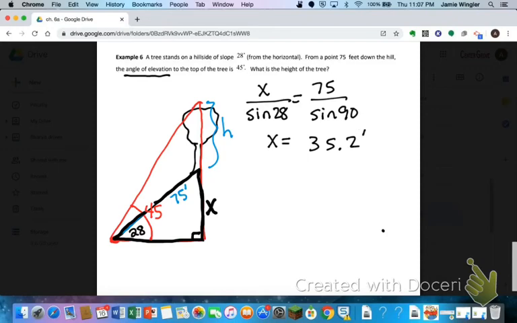Now what I'm going to do is use the big triangle, which I have highlighted in red, but I'll highlight it again. The big triangle, and if this is 45, I know that this angle has to be 45.